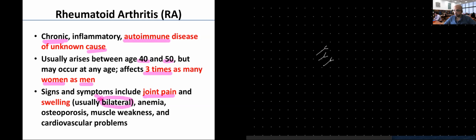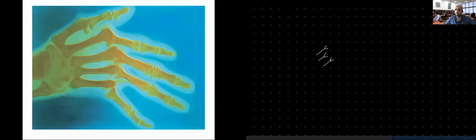All right. Also, it's not only affecting the joints, it affects the bone, causing osteoporosis, it affects the bone marrow, causing anemias, affects the muscles, causing muscle weakness and cardiovascular problems.